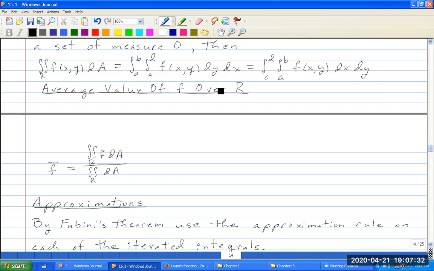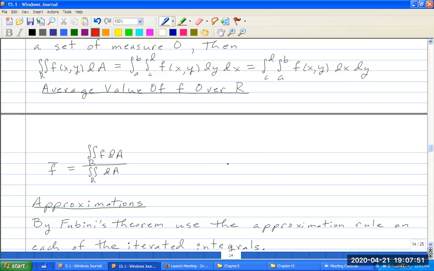Average value of f over region R. If you recall, the average value of a function over some closed interval [a, b] was just, oh, and I guess I should have said that. Maybe I'll say that here.